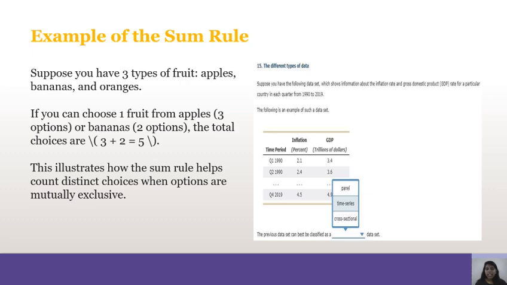Suppose you have the following data set which shows information about the inflation rate and the gross domestic product, that is the GDP, for a particular country in each quarter from 1990 to 2019. The following is an example of such data.